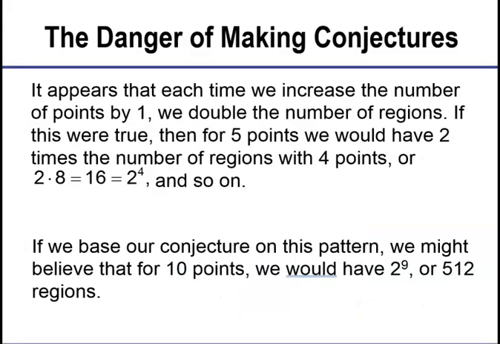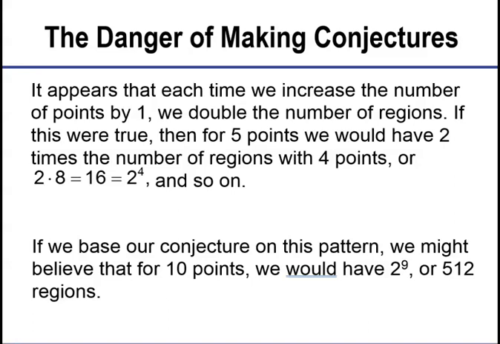Now the book says, it appears that each time we increase the number of points by 1, we double the number of regions. Hey, that's what we were thinking, right? If this were true, then for 5 points, we would have 2 times the number of regions with 4 points, or 16. And that's what we said, right? With 5 points, we would likely have 16 regions.